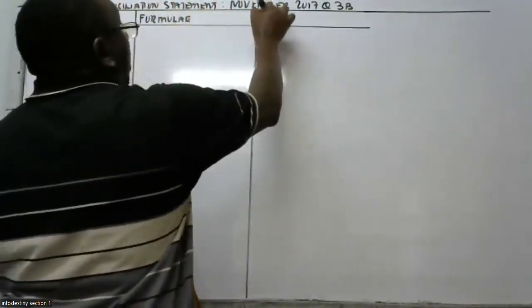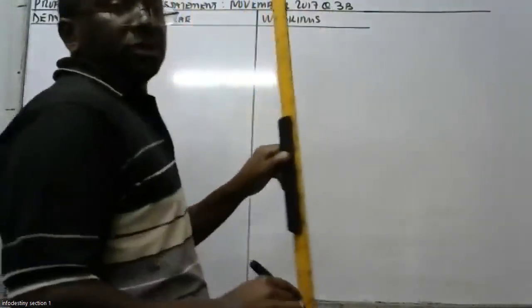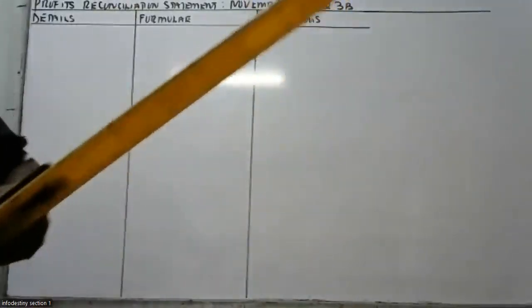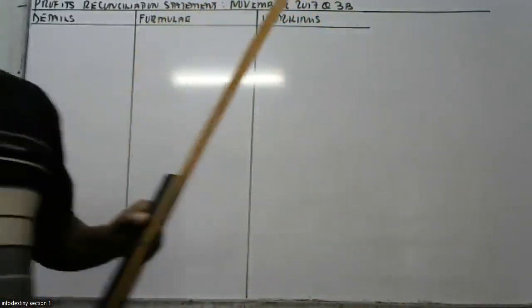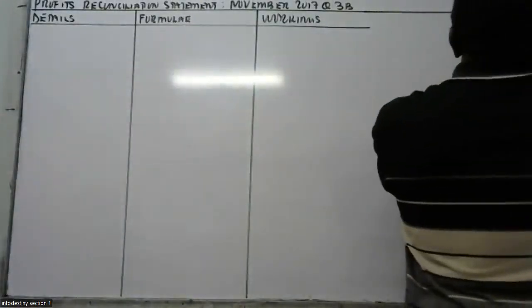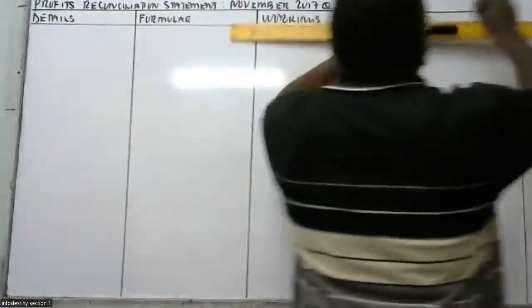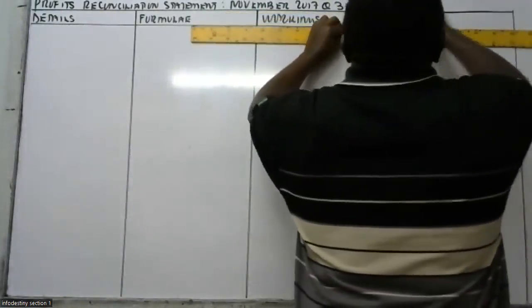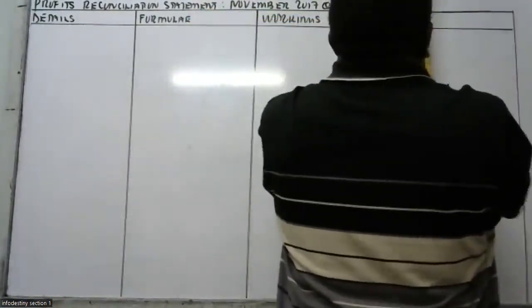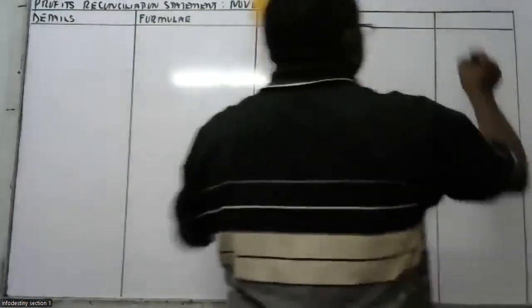We have a column where we record the workings. And then we have a column where we record the amount or the answer.